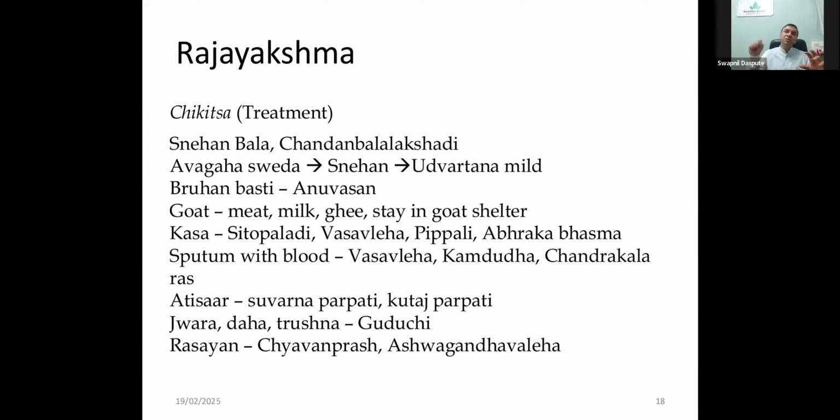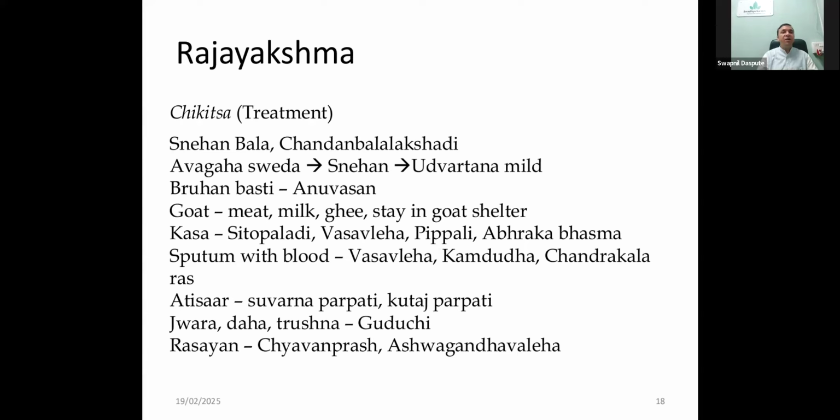Connecting the dots is one thing, but having additional dots will happen only when you read more and practice more. So it is a happy moment for me to explain this goat treatment, which is very different from any other treatment we have studied till date.